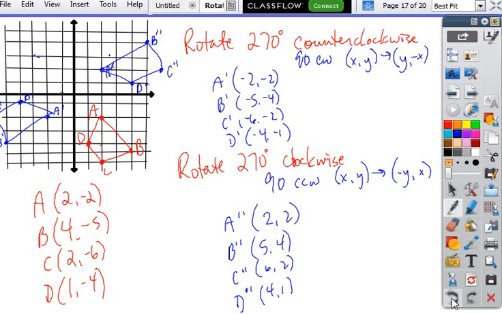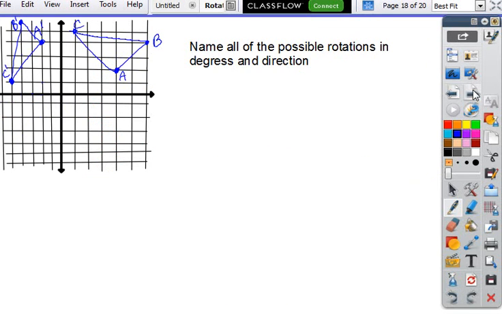All right, on these, what are all of the possible ways I could turn this and still get to that position? First of all, you got to figure out what? Don't have to figure out points. Which one is the image and which one is the pre-image? Well, this one to the right is my pre-image, so the other one's got the prime stuff on it. So I'm moving how many quadrants? 1. Which direction?